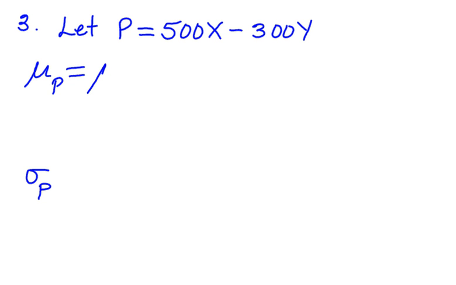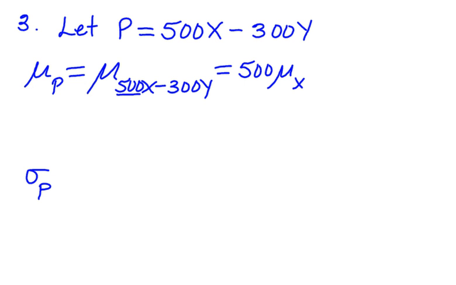Mu P is mu of 500x minus 300y. Multiply every value x can take on by 500. The mean gets multiplied by 500 as well. We're going to subtract the mean that results from multiplying every value of y by 300. The mean of y will increase by a factor of 300.